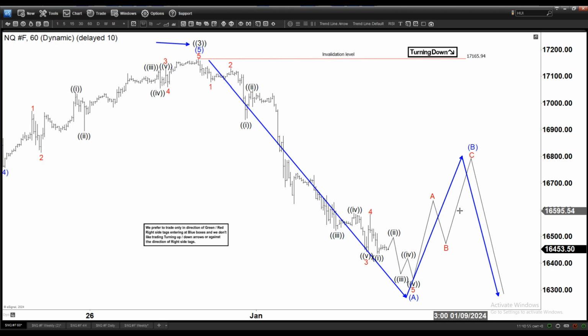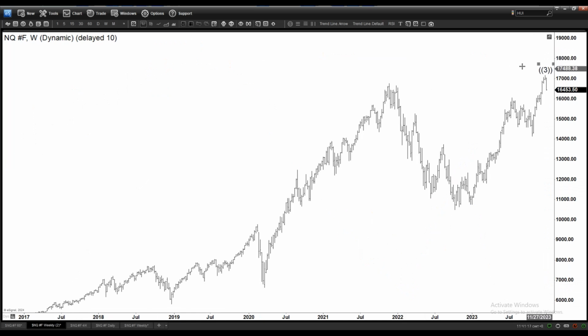Okay, so if I zoom out to the weekly time frame, this explanation is kind of similar to the Dow. I did the Dow, I think 2 days ago, right? So I'm going to switch to the weekly time frame and put this wave 3 over here, which is this one, right?